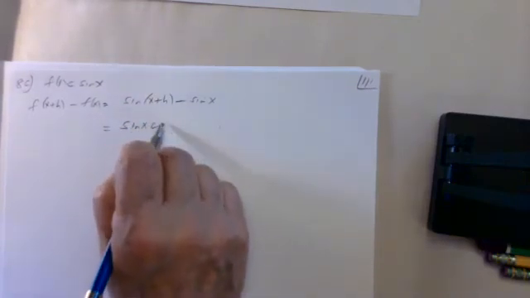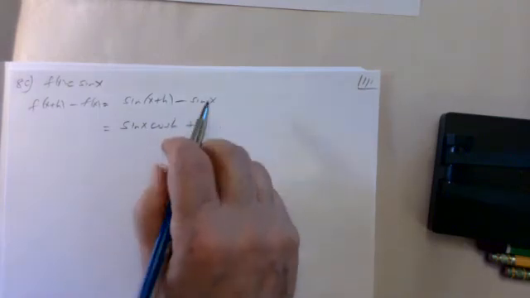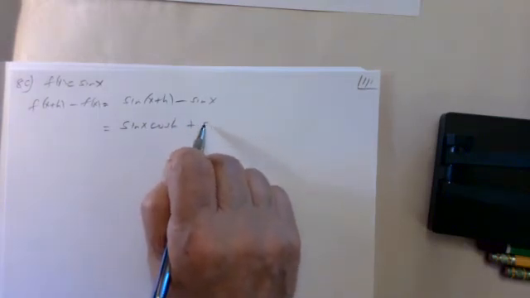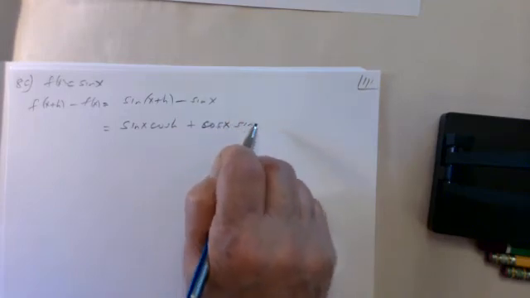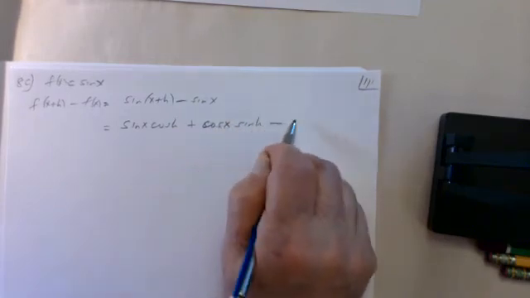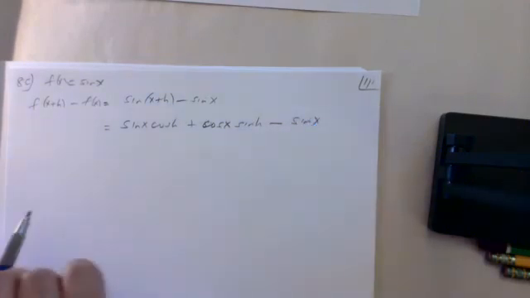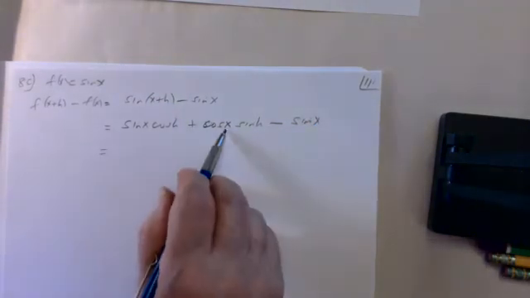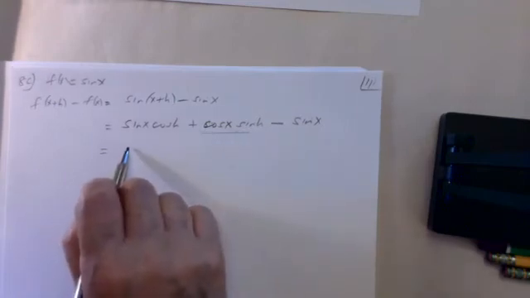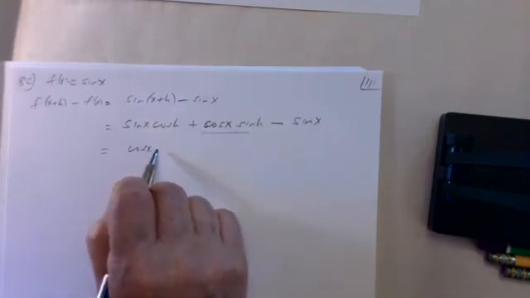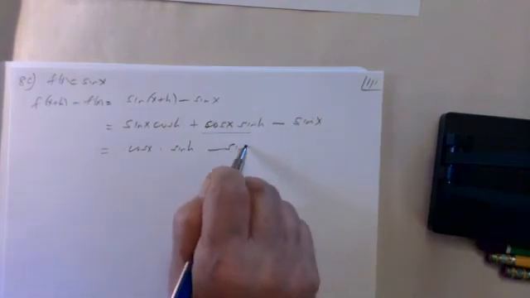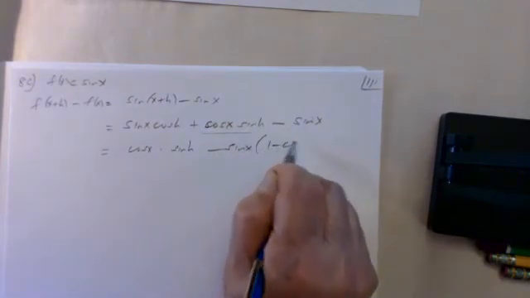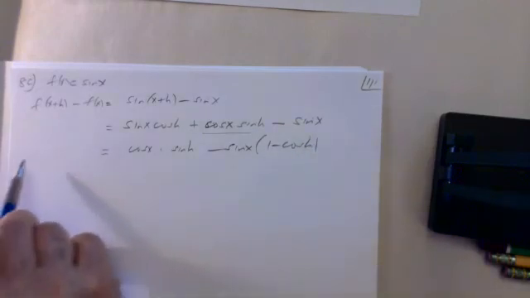This is sine x cosine h plus cosine x sine h minus sine x. That's equal to cosine x times sine h minus sine x times 1 minus cosine h when I rearrange this.